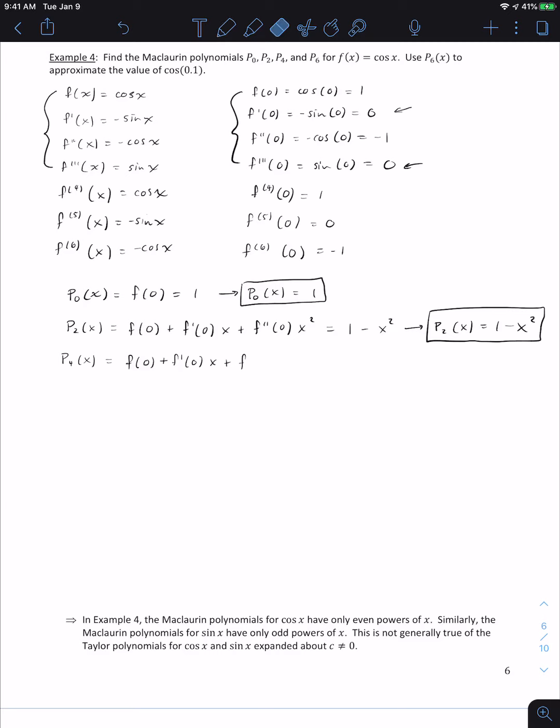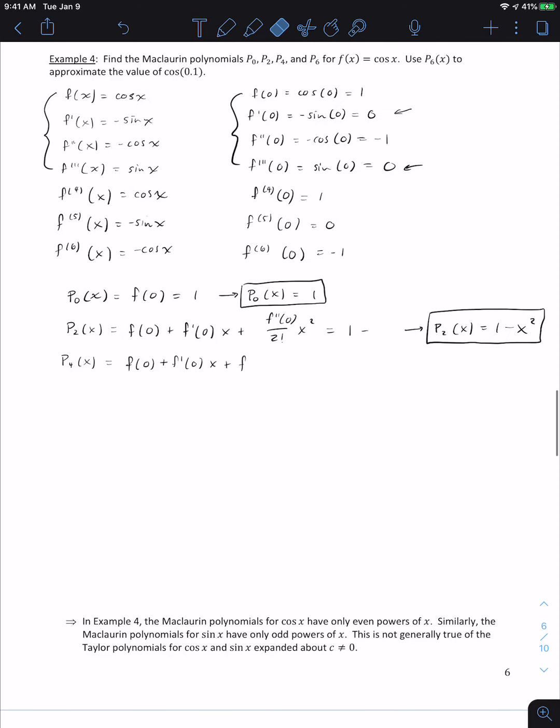Screwed up my formula already, right? When I did this f double prime, it should have been over 2 factorial. So this should be 1/2 x squared. Apologize about that.